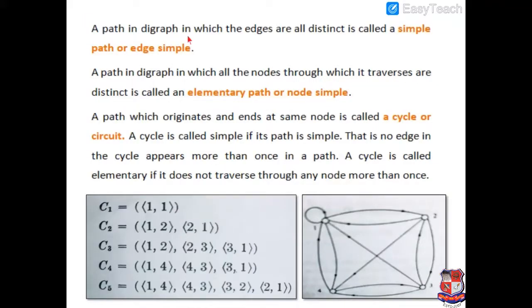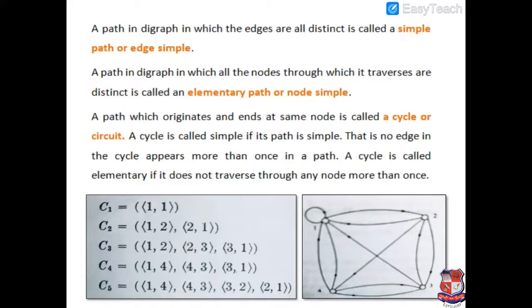A path in a diagram in which the edges are all distinct is called a simple path or edge simple. That means the edges are not repeating.